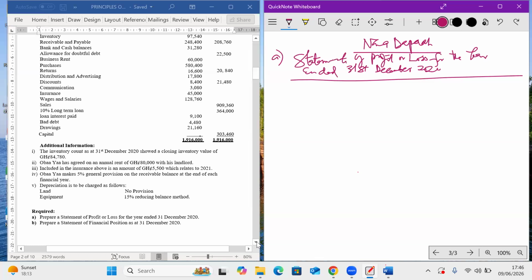The question says prepare a statement of profit or loss, then you write statement of profit or loss for the year ended 31st December 2020.